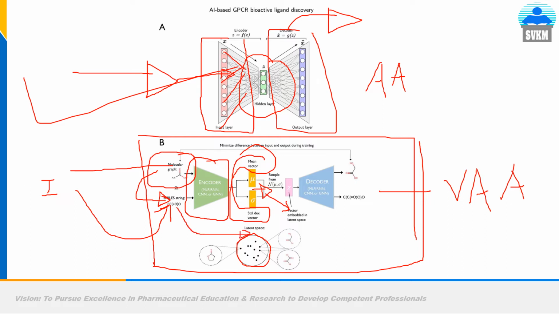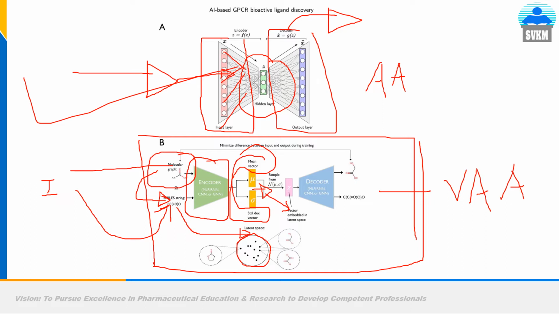What is the meaning of latent space? If you remember the first slide of this video, it is a concept where similar molecules are placed together and molecules of different variety are placed in different areas of the space. From those areas you will pick one molecule and decode it into an actual molecular structure.